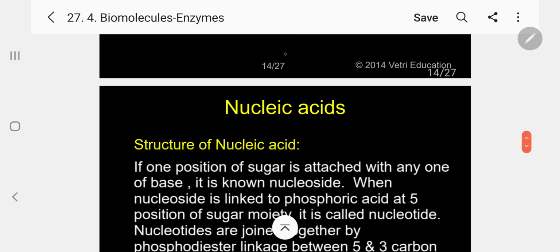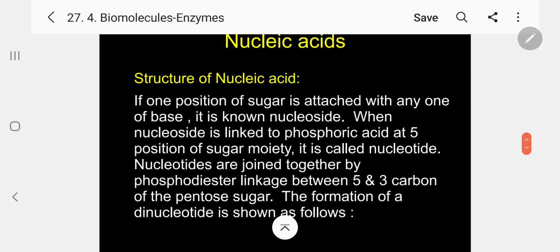Please follow. Now, let me discuss the structure of nucleic acid. If one position of sugar is attached with any one of the bases, it is known as nucleoside.